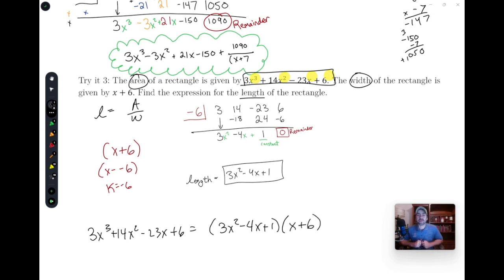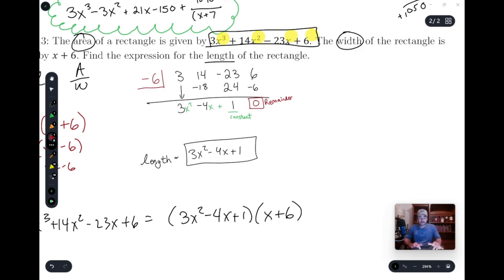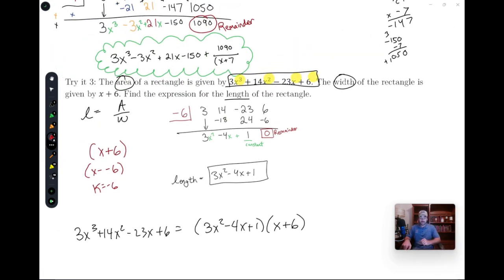And if we were going to FOIL that, or double distribute it, to take each term and distribute it, take 6 and distribute it, you'd find that you'd end up with that exact answer that we had for our original area. So what we did is we took a long polynomial and we factored it into 2 factors. And if you wanted to keep going even more, you could probably take that quadratic right there and factor it again, or use the quadratic formula to find 2 more solutions if you wanted to.